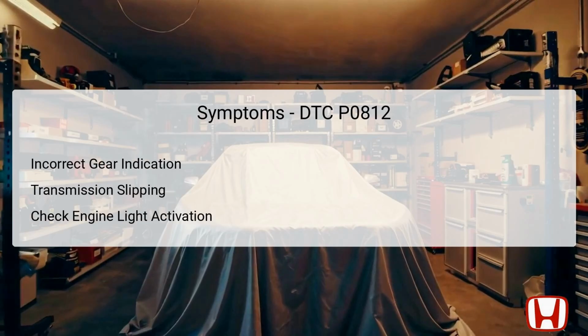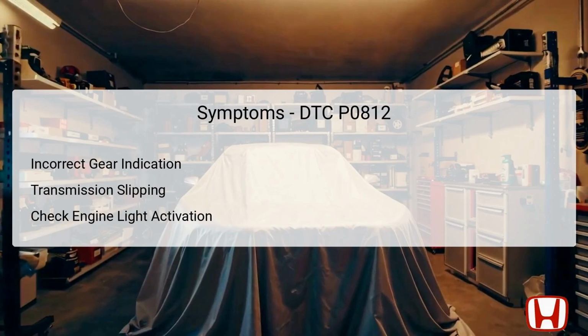The symptoms of DTC P0812 can manifest in several observable ways. First, drivers may notice incorrect gear indications on the dashboard, particularly when attempting to shift into reverse, leading to confusion and potential driving hazards. Next, transmission slipping might occur, where the vehicle hesitates or fails to engage properly when the shift lever is moved.